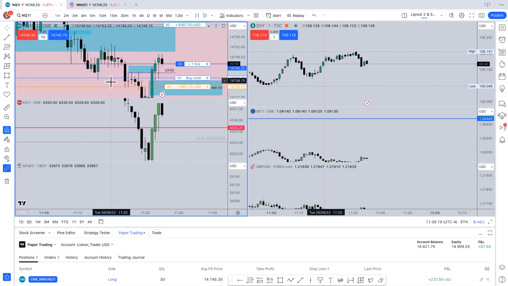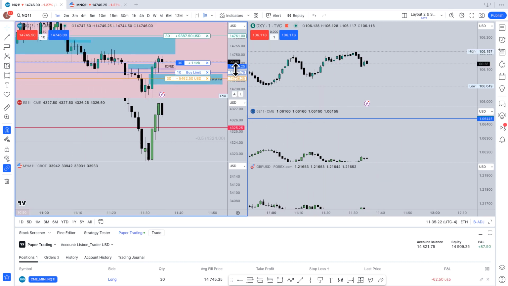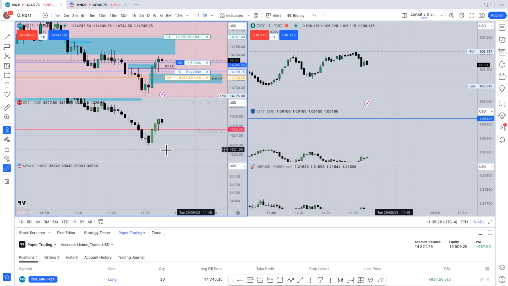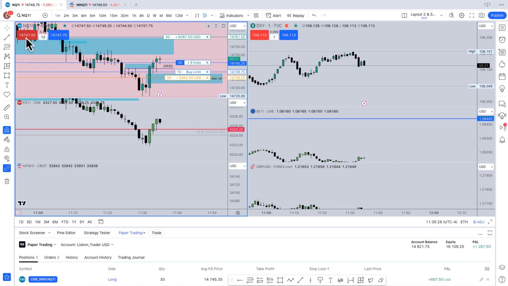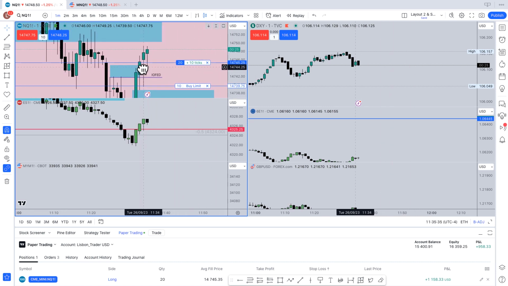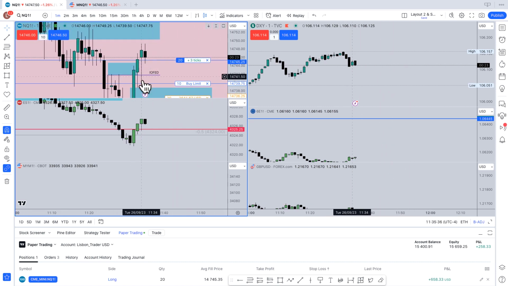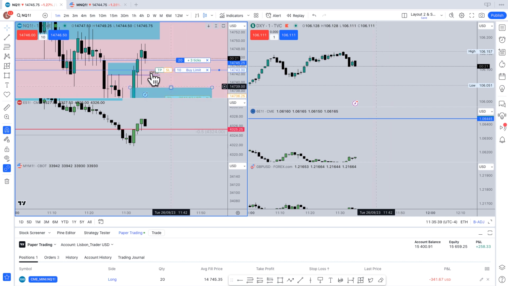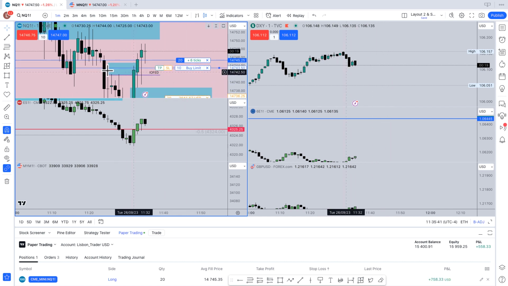15. Let's sell. I think this wants to go lower still, but it's following this consequent encroachment. So let's buy inside this inversion fair value gap here.